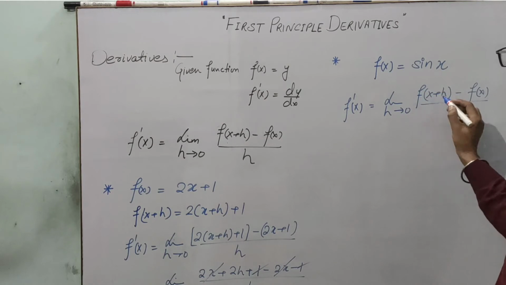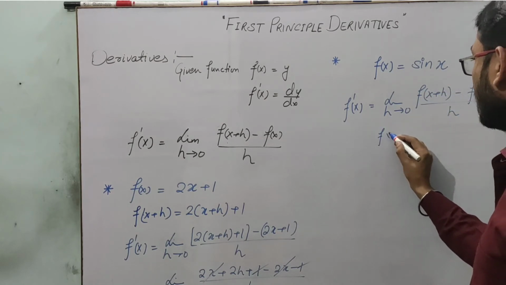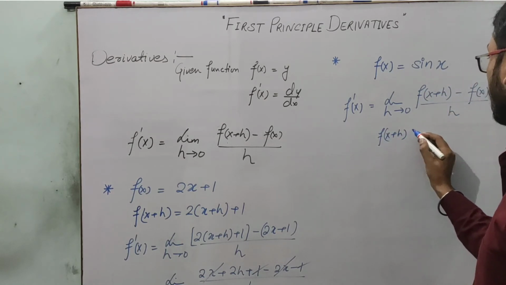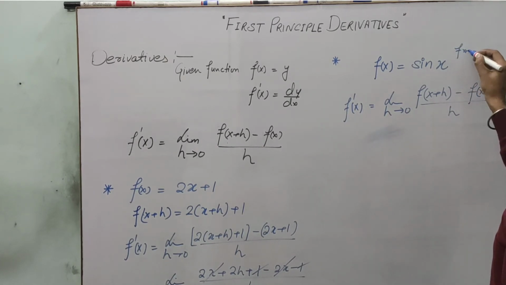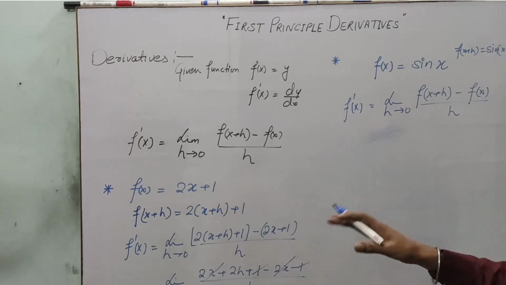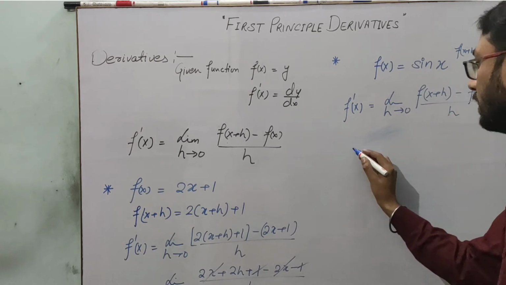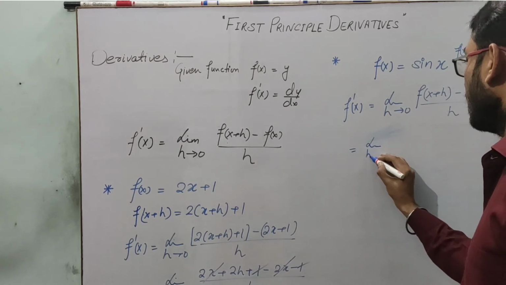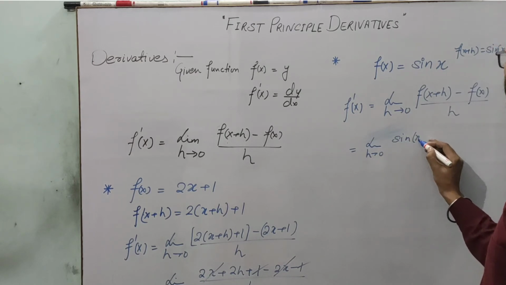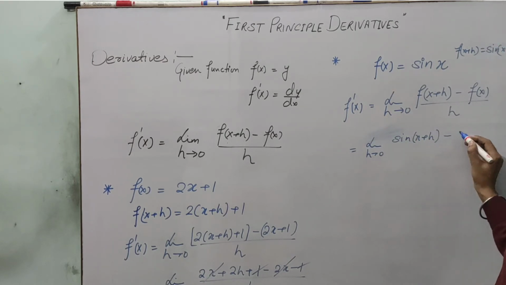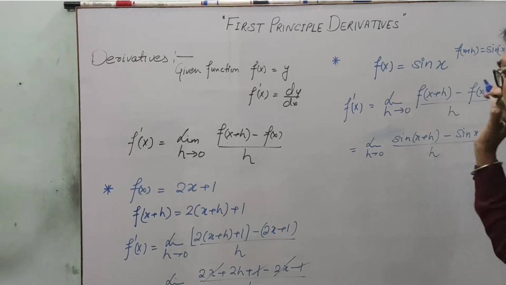I don't have f(x + h) right now, so I am calculating it: f(x + h) is equal to sin(x + h). Now we'll put this into the formula. So limit of h tends to 0, (sin(x + h) - sin x) whole upon h.